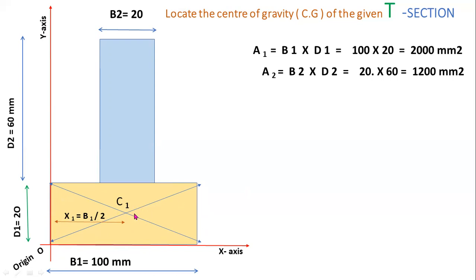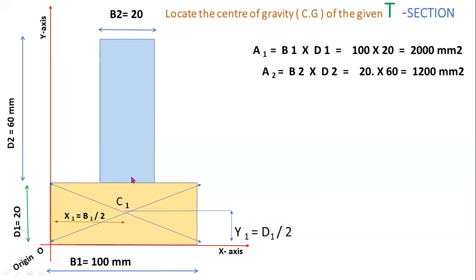In a similar way, y1 is the distance of centroid C1 from x-axis. y1 equal to half of the depth. Here d1 equal to 20 mm, so 20 by 2 equal to 10 mm. x1 equal to 100 by 2, that is 50. y1 equal to 20 by 2, that is 10. x1 and y1 are the distances of centroid from x and y axis.